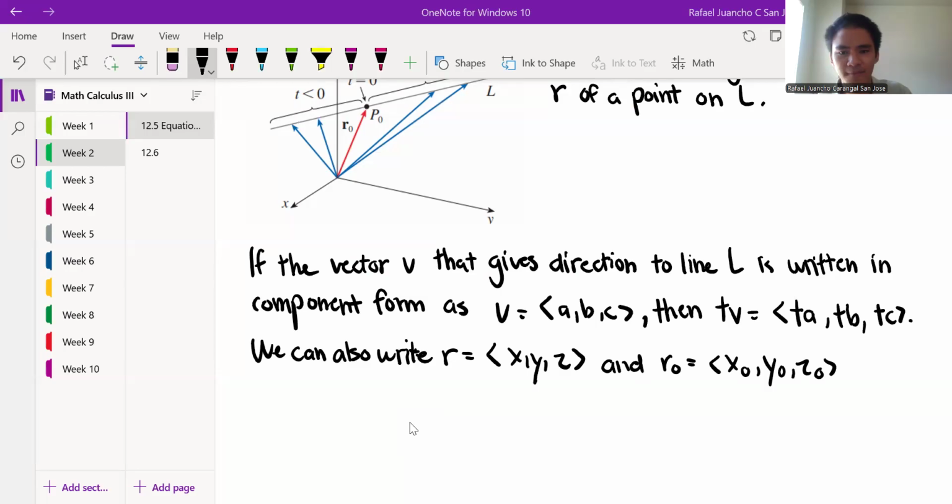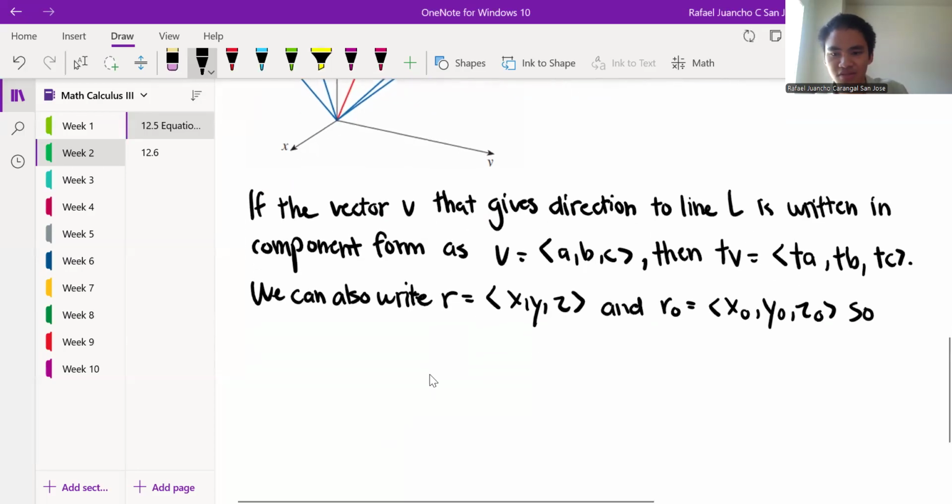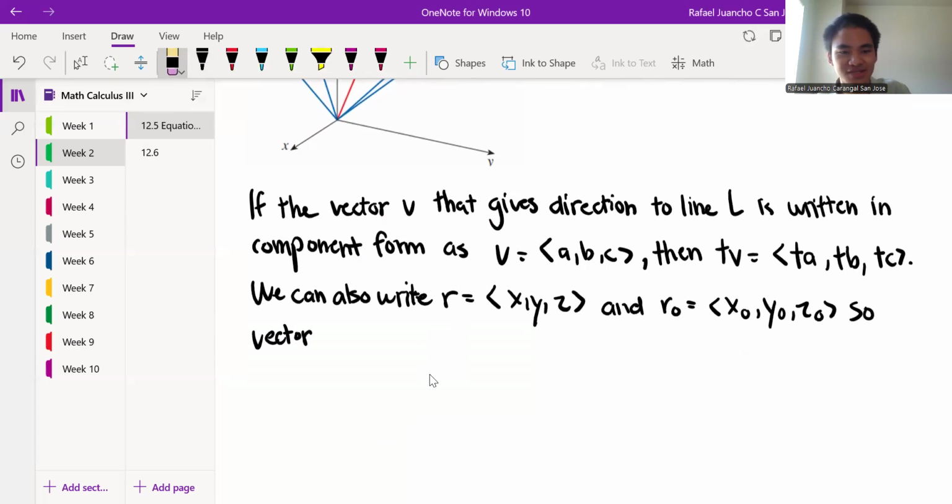So based on these vector translations, because we're translating it into the component, what is our vector equation now?